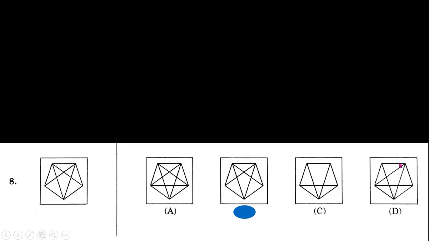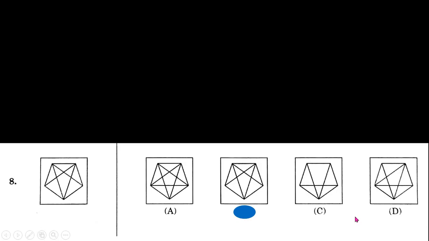Though it is a pentagon and the number of diagonals drawn here is the same as that of the question figure, the position of the missing diagonal in answer figure D does not match with the question figure.